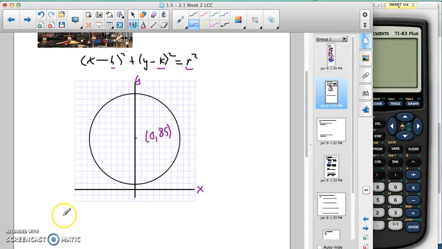So our equation for this model would be x minus 0 squared, which is just x squared, plus y minus 85 squared equals 75 squared.